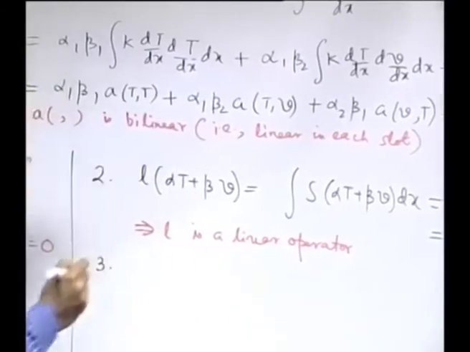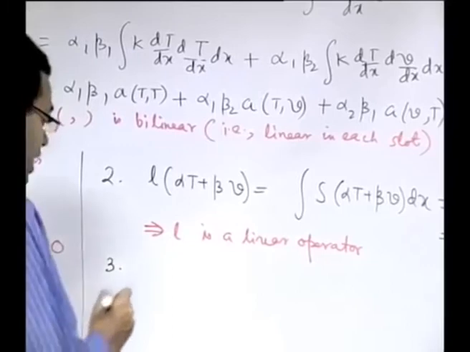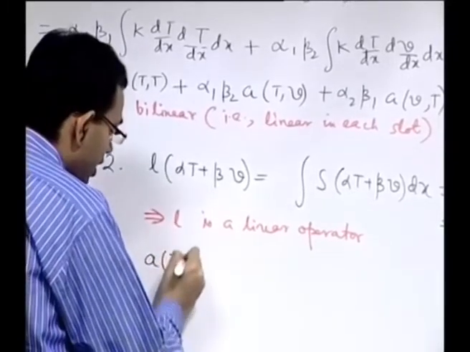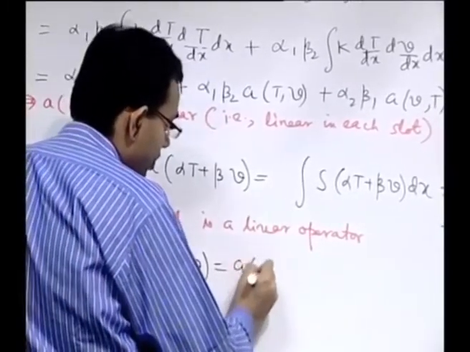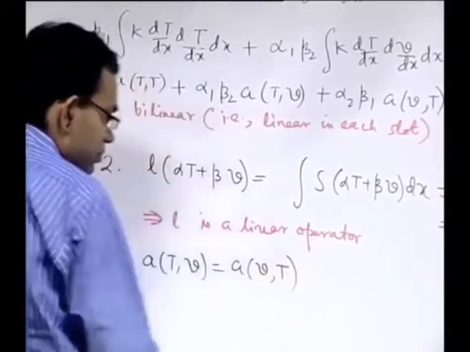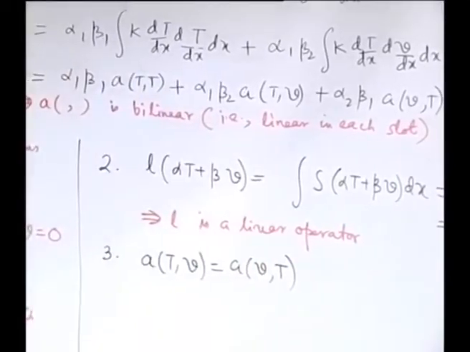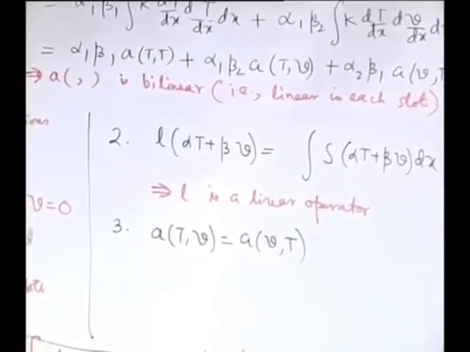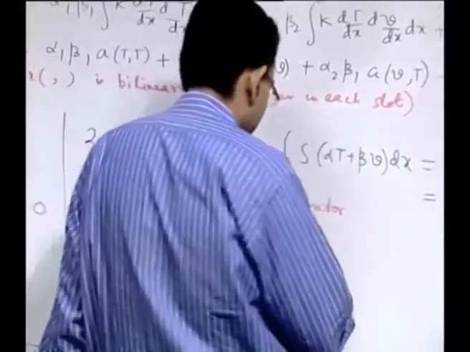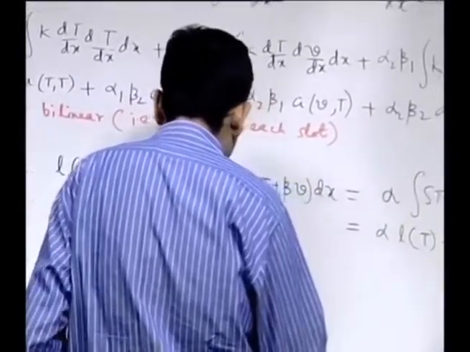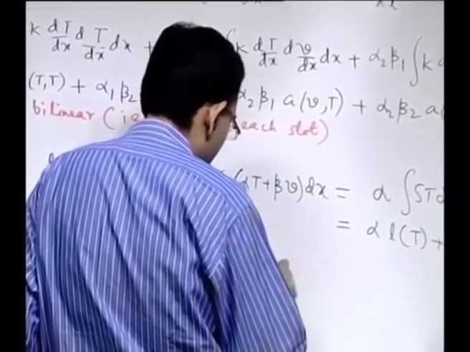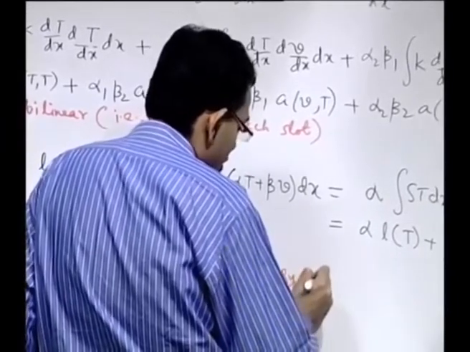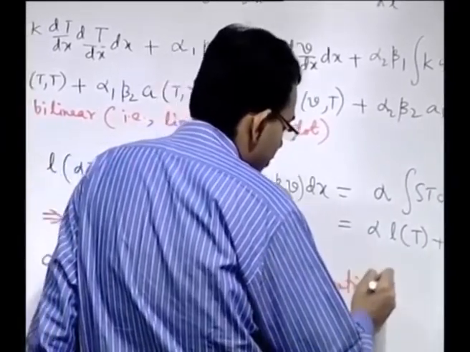Third, you can easily observe that ATV is equal to AVT. From this example, if you swap T and V, it makes no difference. So that means A is a symmetric operator, A is symmetric, or sometimes it is called self adjoint.